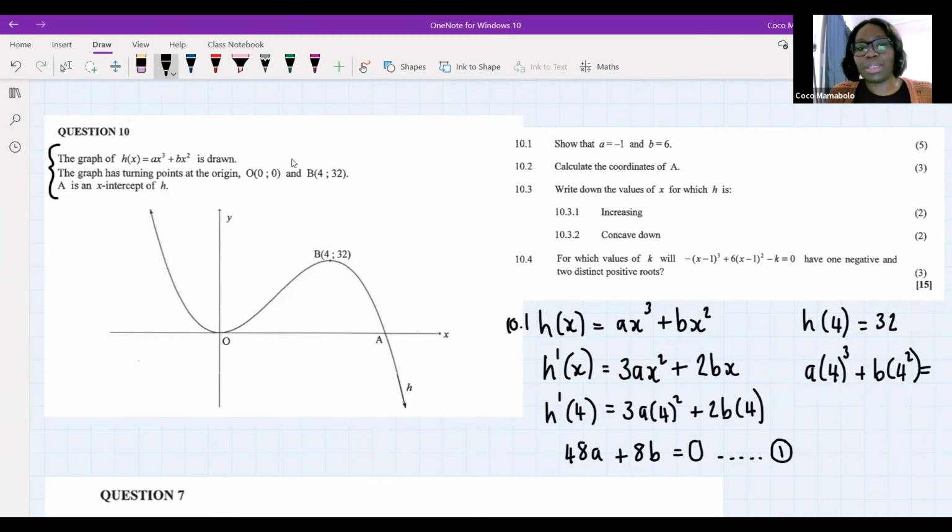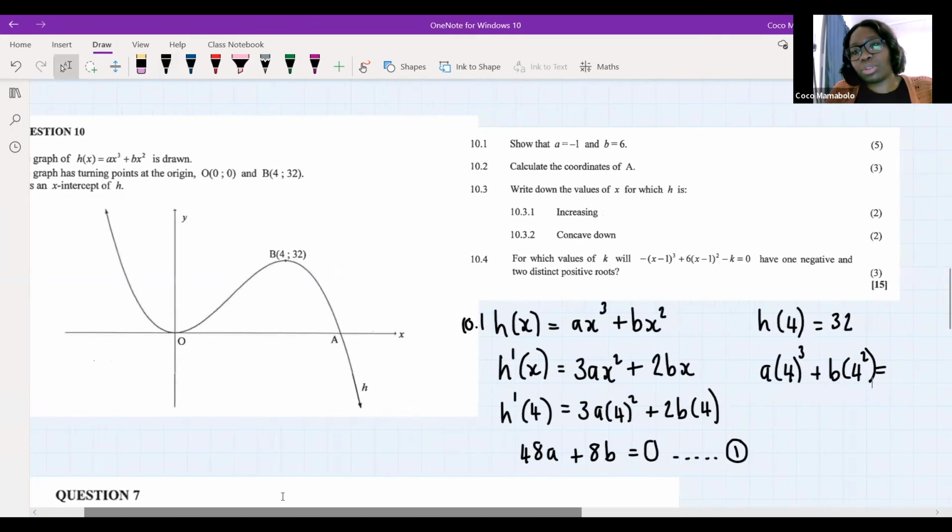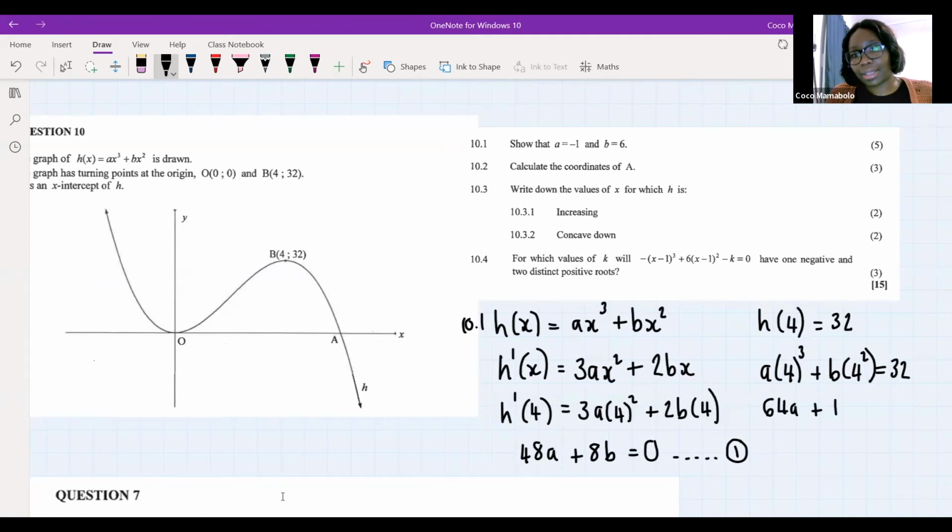And all of that must equal 32. Okay. I'm going to clean that up quickly. This is going to be 64a plus 16b, and that must equal 32. And that is my equation 2.